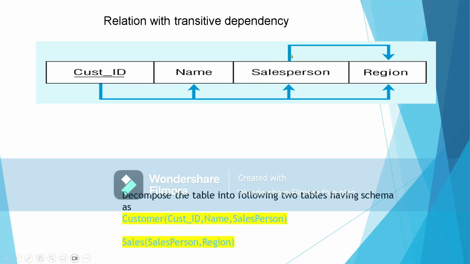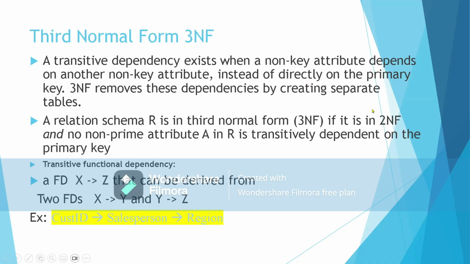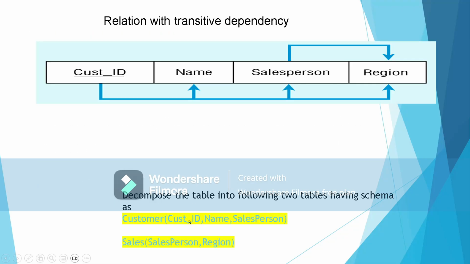In the same table, you can identify region by using salesperson. It is like this: functional dependency X gives Y and Y gives Z. It means customer ID gives salesperson gives region. But we don't want this transitive dependency.